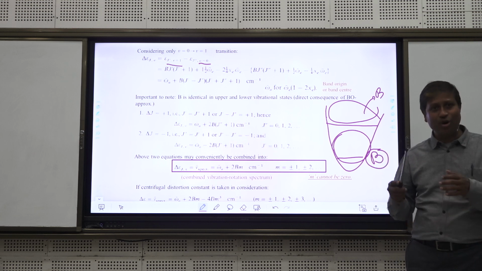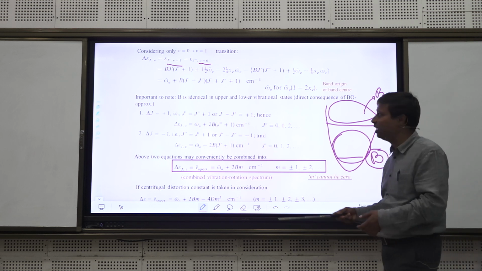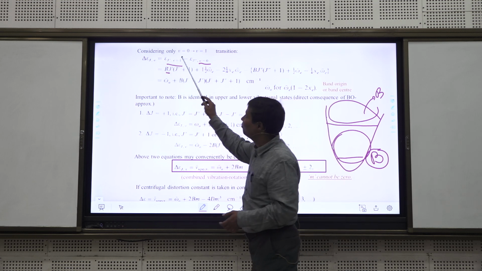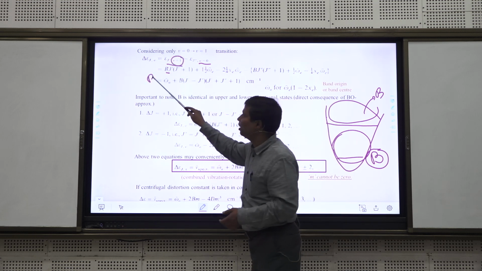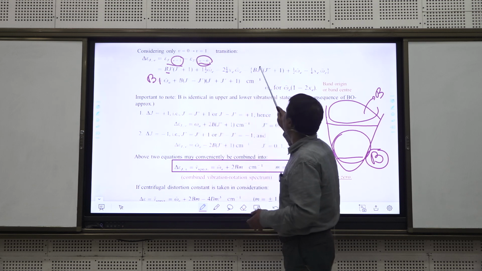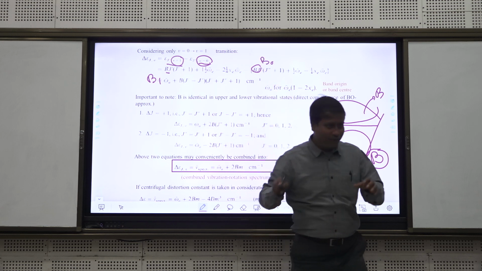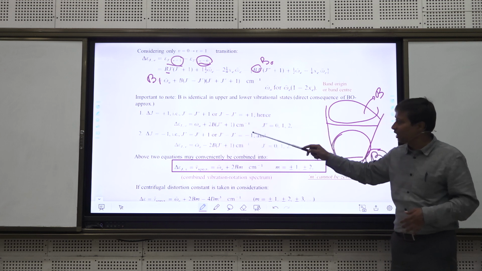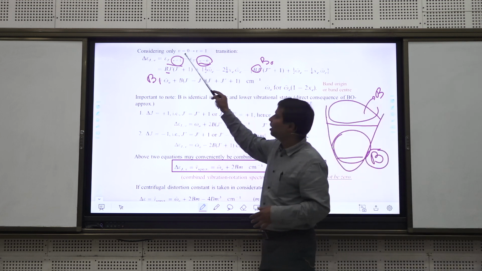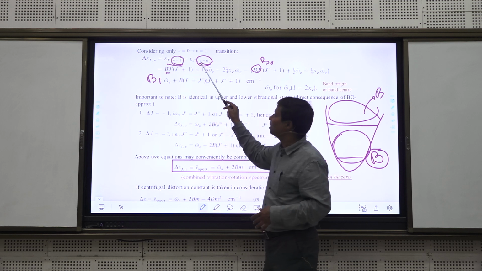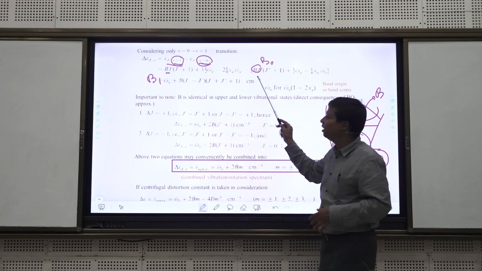If you consider the Born-Oppenheimer approximation invalid, then you have to consider the B for V equal to 1 as B1, and the B for V equal to 0 as B0. So if you do the same calculation, only when you are considering V equal to 1, you write B1, and when you are considering V equal to 0, you write B0.